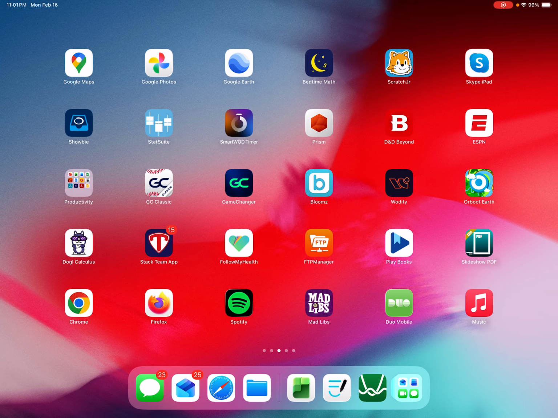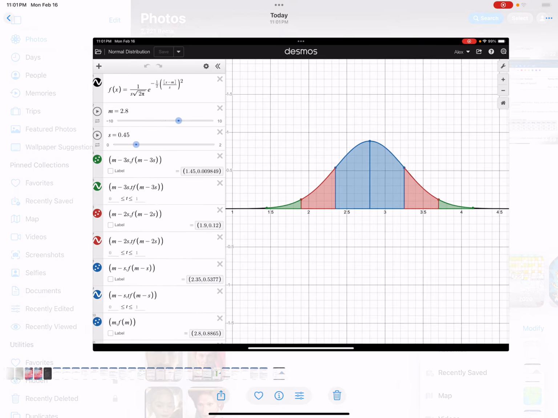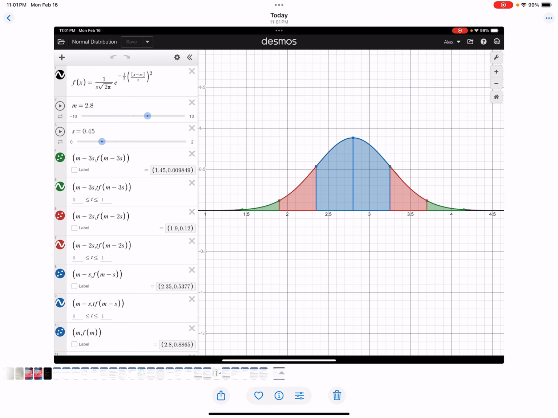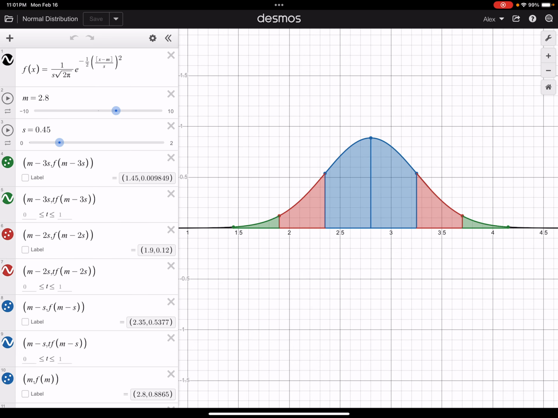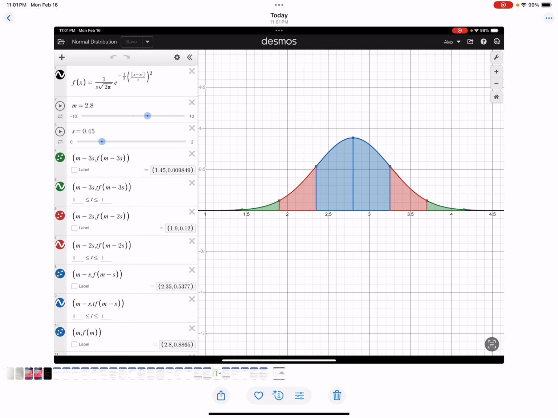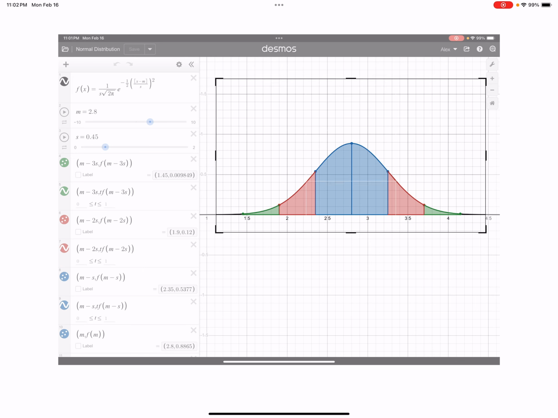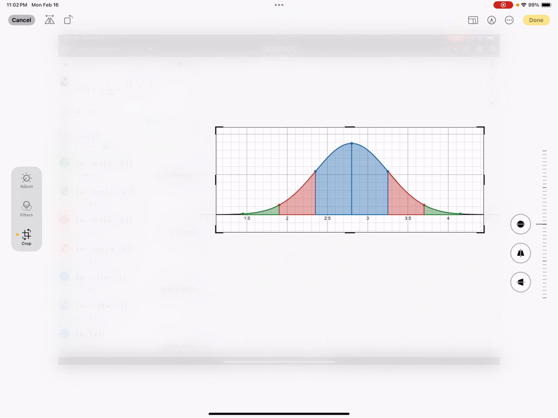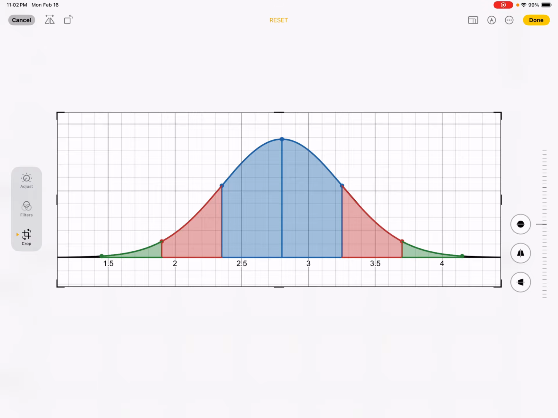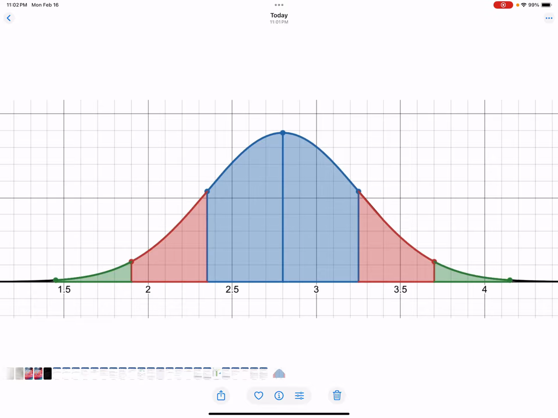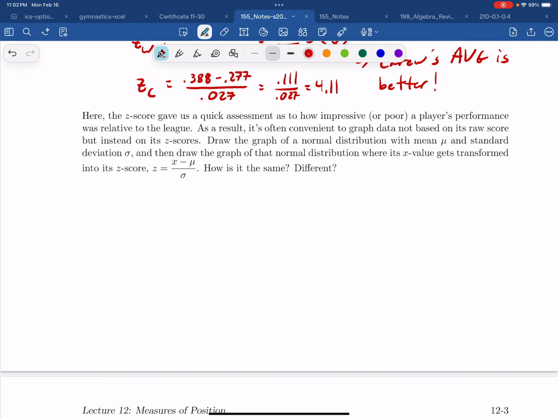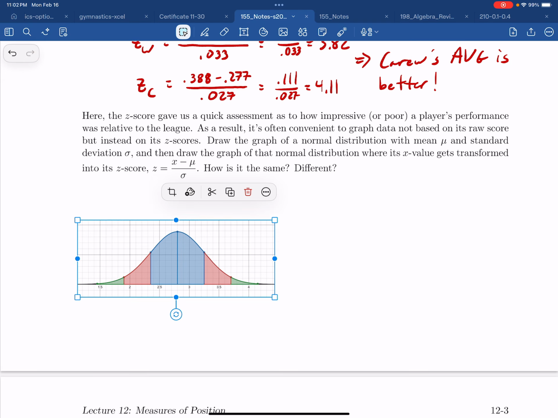Let me copy that, maybe crop it a little bit, and we're just going to stick it in our notes. Okay, we'll just put it right here.